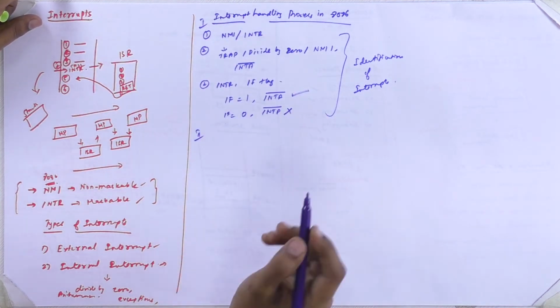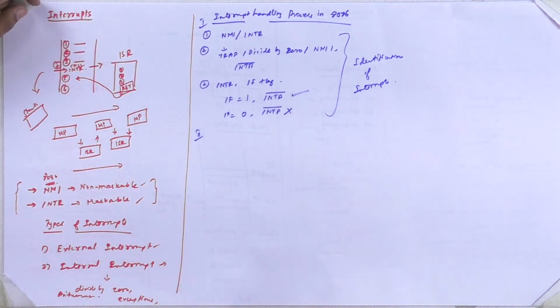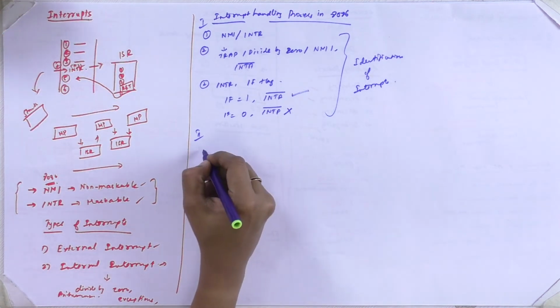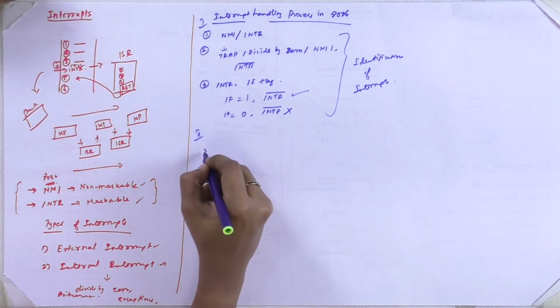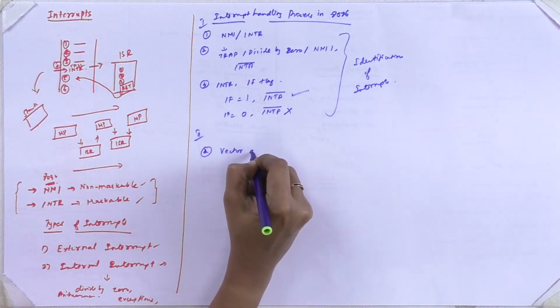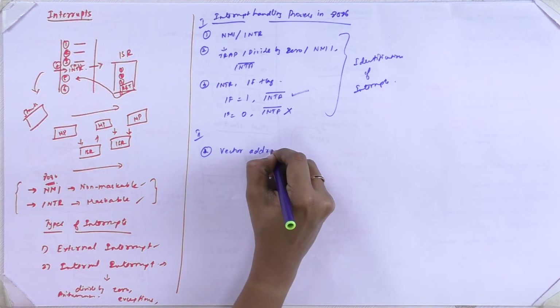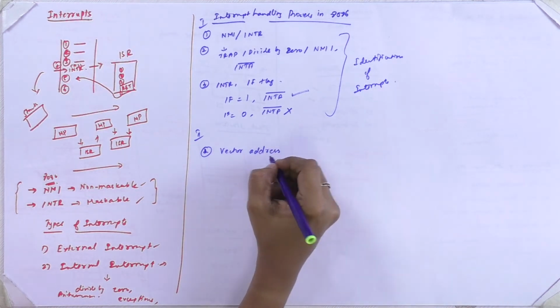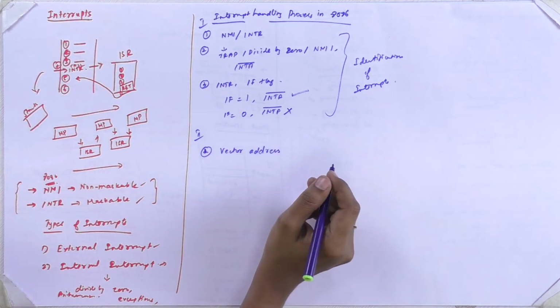In the next sequence, the CPU computes the vector address using the vector address calculation table.